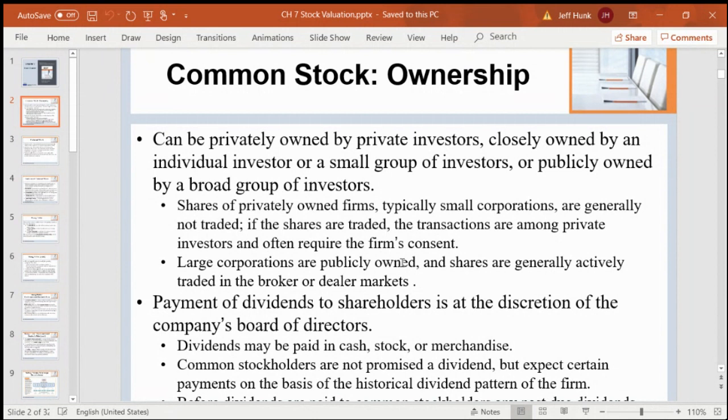Stocks of these companies are traded between individuals, from one stock owner to the next, and the next, right?